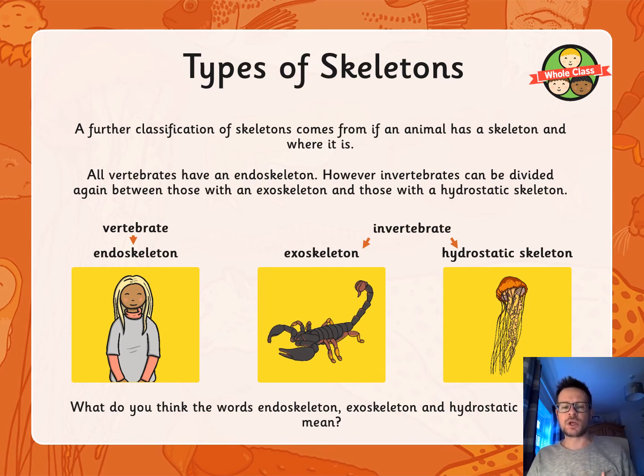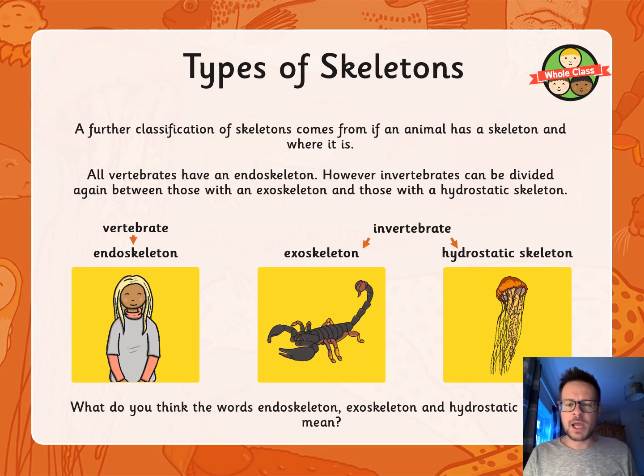And exo means out, outside, because exotherms get their heat from something outside, like the sun or a hot rock or a heat lamp, which is why a lot of reptiles, if you keep them as pets, need heat lamps because they don't warm themselves up. So I know that endo means in and exo means out. So I'm guessing that endoskeleton means a skeleton inside and an exoskeleton means a skeleton on the outside.